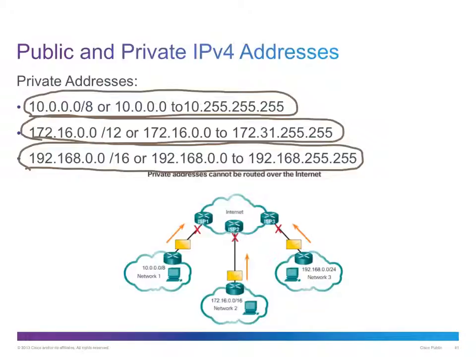So you can see here, in internal networks, we can be using private addressing. A lot of times you'll see that on your home network. If you check your IP address at your home, a lot of times those home routers will use 192.168.